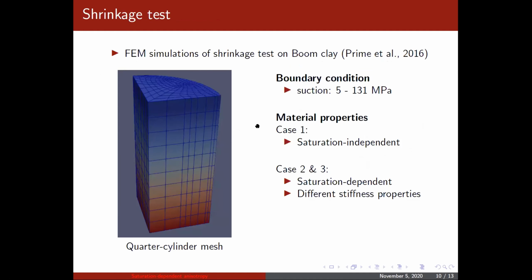Currently, what I've done is use finite element modeling to simulate a shrinkage test on Boom clay, which was done by Prime and coworkers. I've used a quarter cylinder mesh and applied different suction values to it for different material properties, for cases where the material properties are independent of saturation and where they do depend on saturation.